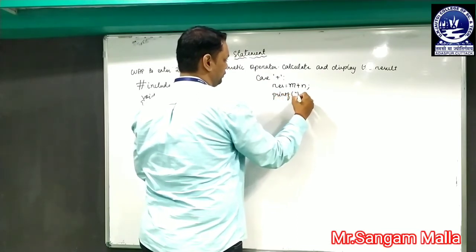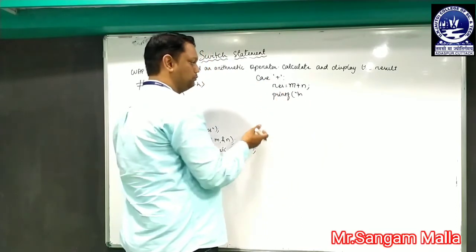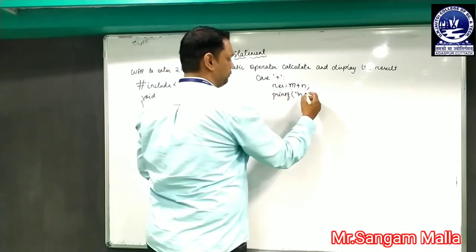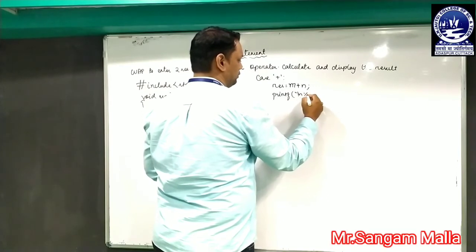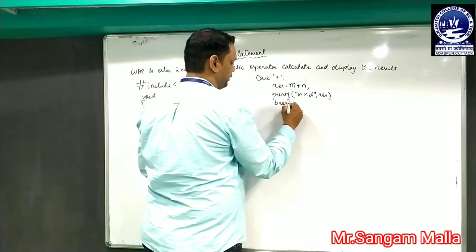So printf, or we can print over here or at the last also we can print, but better is to print it over here. printf("\n%d", res), then break.